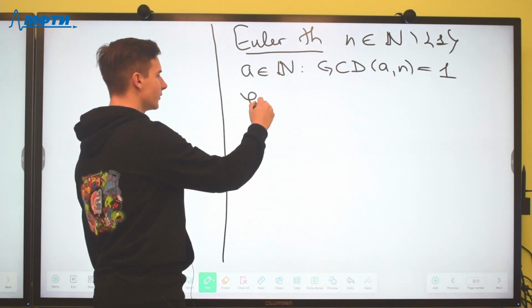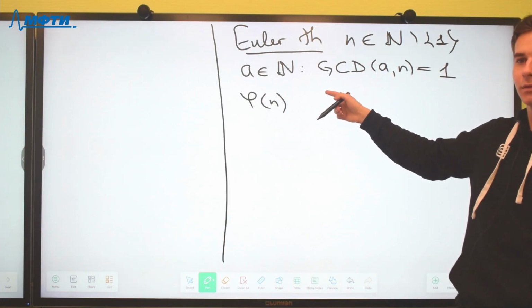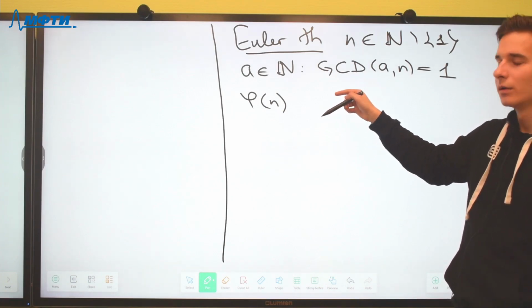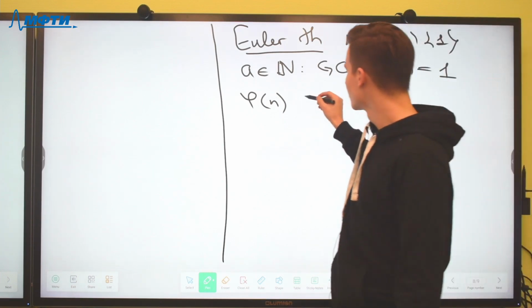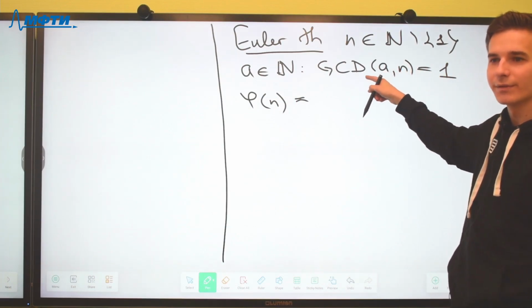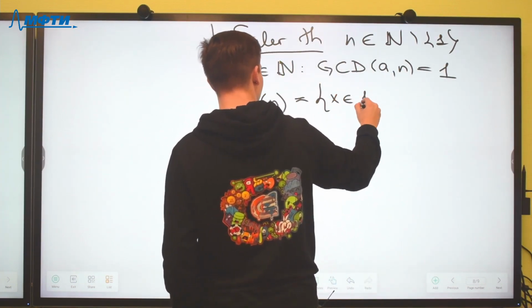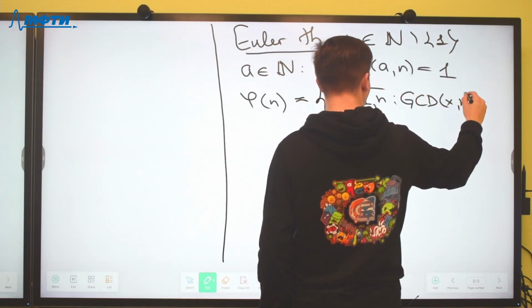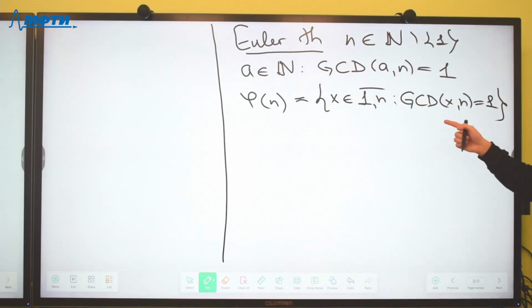And do you know what the Euler function of n is? Not prime numbers. Numbers such that that equation is true, that have only 1 as a common divisor with n. It is the count of x from 1 to n such that the greatest common divisor between them is equal to 1.